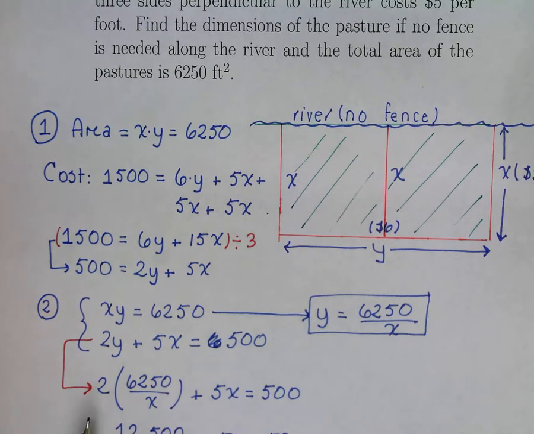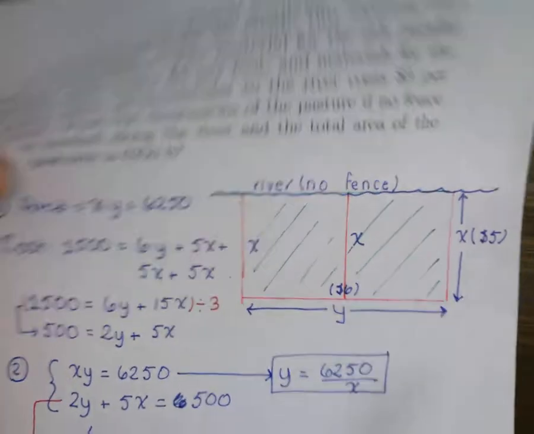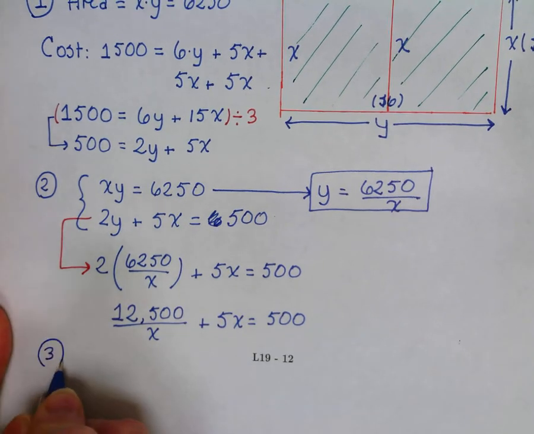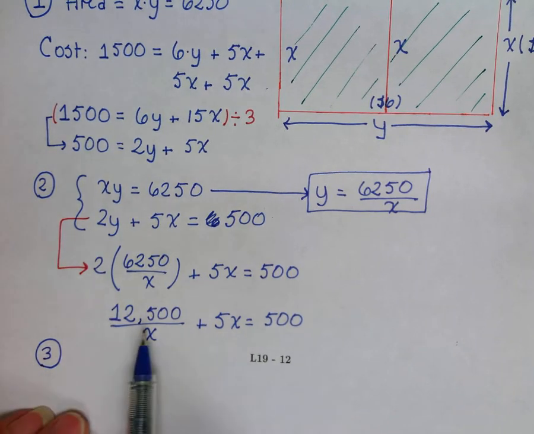Let me double check that. 2 times 5 is 10, 2 times 5, yes, 12,500. Any questions about this? This is really leading into calculus, so you definitely want to understand the setup of this problem. Now how do we solve that? Well, what do we do in general?